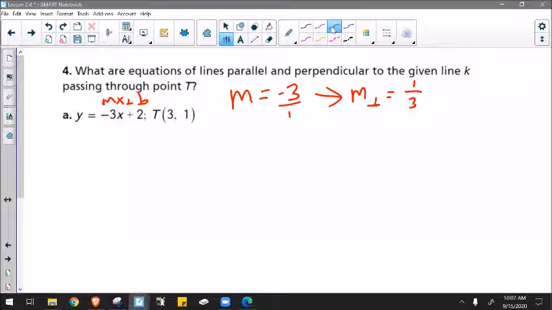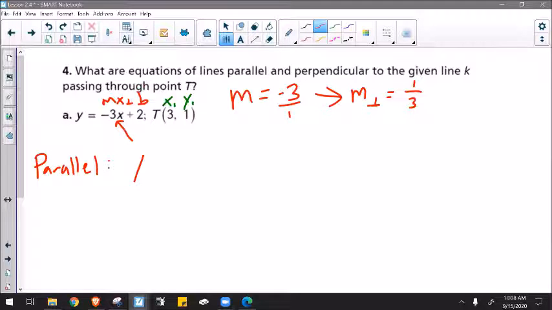And keep in mind this is our point x1, y1. So plug in what you know. So we'll do the parallel line first. All right, so keep in mind parallel lines have the same slope, so you want to use the original slope.